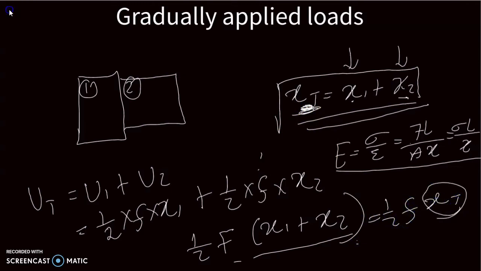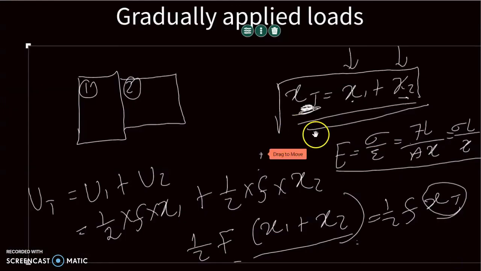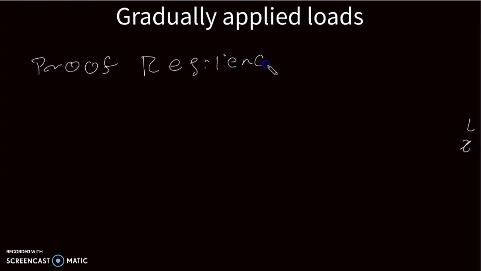We then have something that we call proof resilience, and it is given by stress squared divided by 2E times area times length.